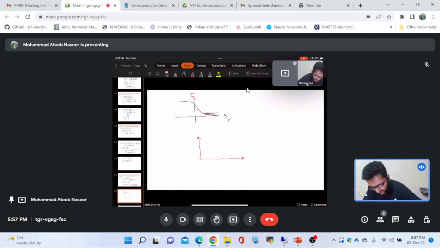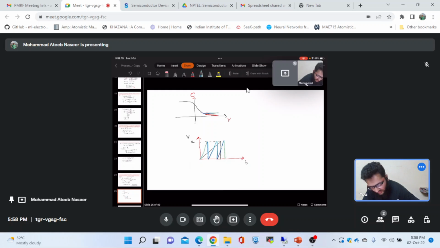So if this is the voltage that we are applying on the gate, this is the DC voltage and this is the time scale, and I am applying some voltage which is a ramp like this, having some magnitude that is A. Now I am applying another ramp, let me denote it with this color, and this is having more slope. This is the other ramp that I am applying continuously.